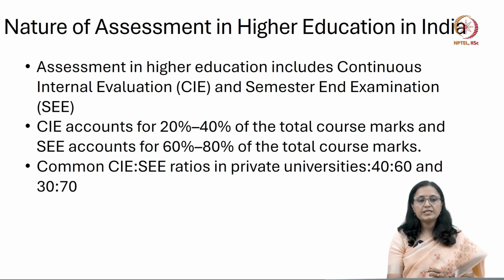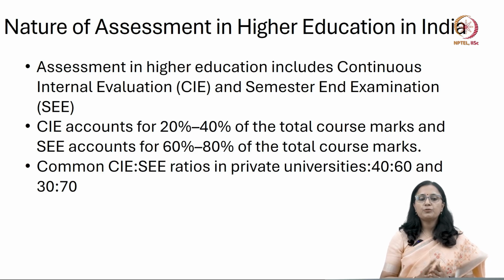So, coming to the nature of assessment in higher education in India, it includes basically two kinds of summative assessment: continuous internal evaluation, CIE, and semester end examination, which is also called SEE. The CIE accounts for 20 to 40% of the total marks, and SEE accounts for 60 to 80% of the total course marks.